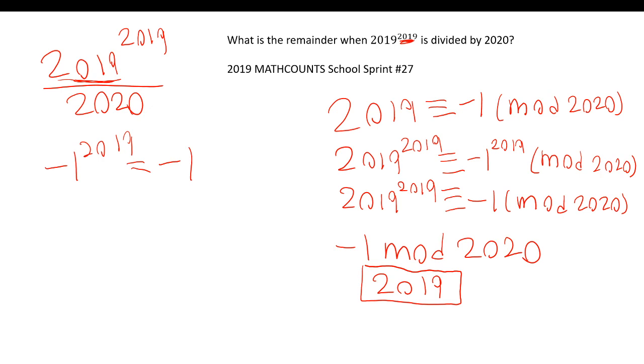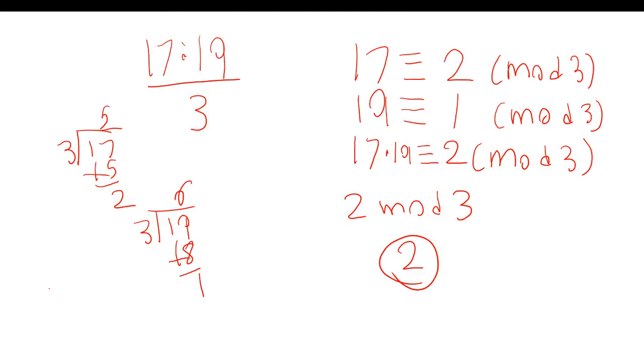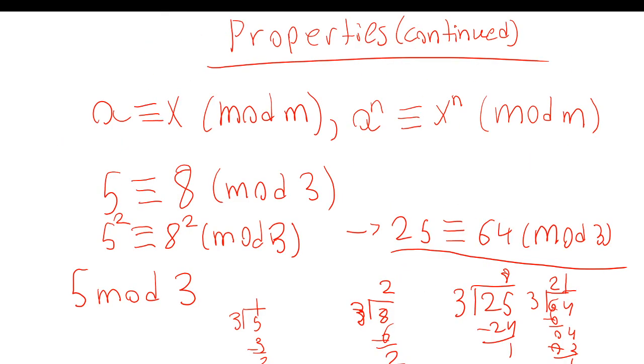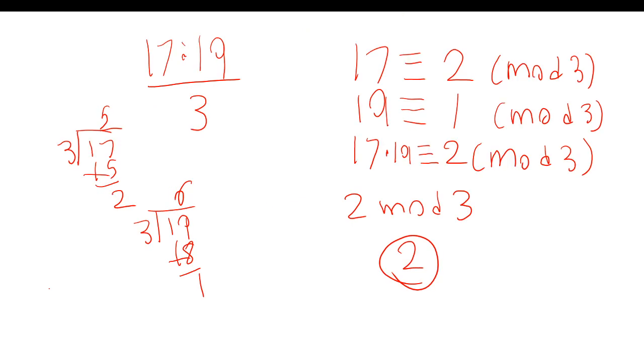We again used our property that if a is congruent to x in modulo m, then a to the n is congruent to x to the n in modulo m. And again, I made a mistake in the video: 17 is congruent to 2 mod 3, because when I divide 17 by 3, I get a remainder of 2, and 2 mod 3 is also 2.